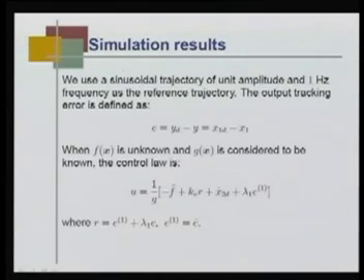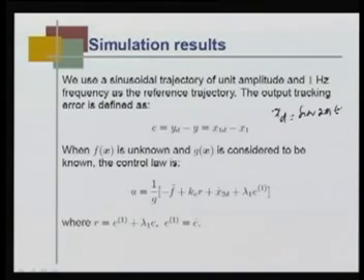We use a sinusoidal trajectory of unit amplitude and 1 Hz frequency as the reference trajectory. So, reference trajectory x 1 d is a sinusoid with frequency 1 Hz, that is, x d is sin 2 pi t.